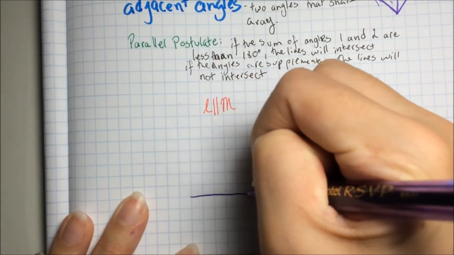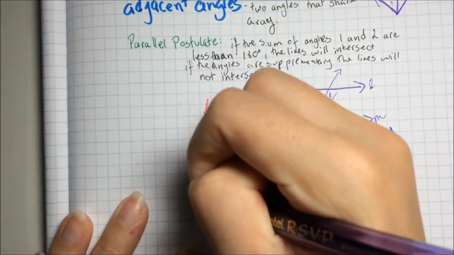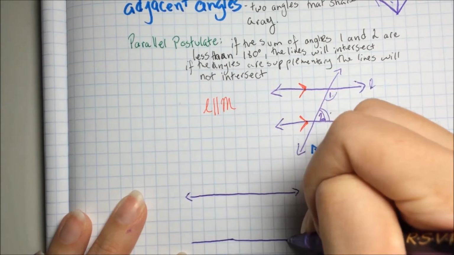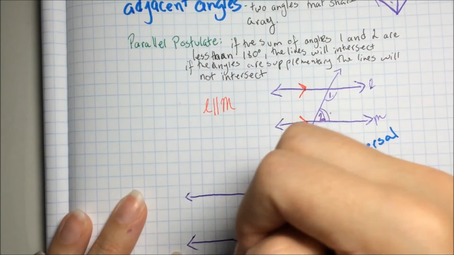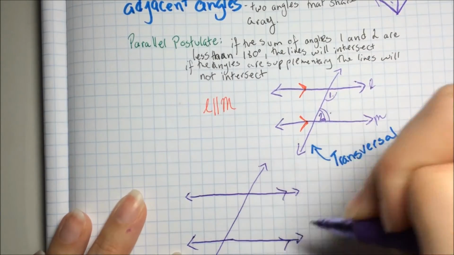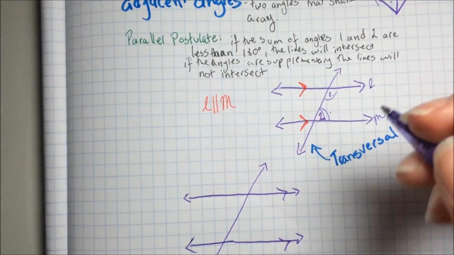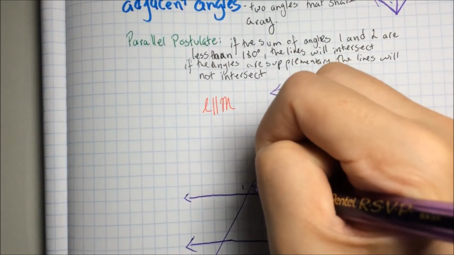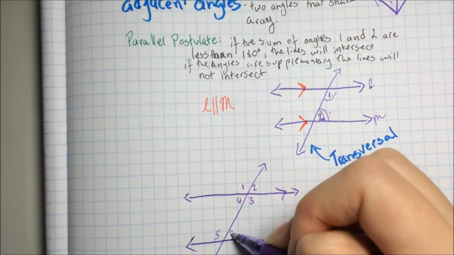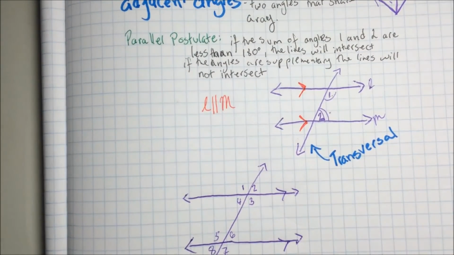To talk about some angles that arise and their resulting congruences and supplements. So I'm going to have these two parallel lines, and I'll mark them as parallel. Okay, and I'm going to number the angles starting at the top. Okay, and there are three important angle pairs, and there's two less important angle pairs.